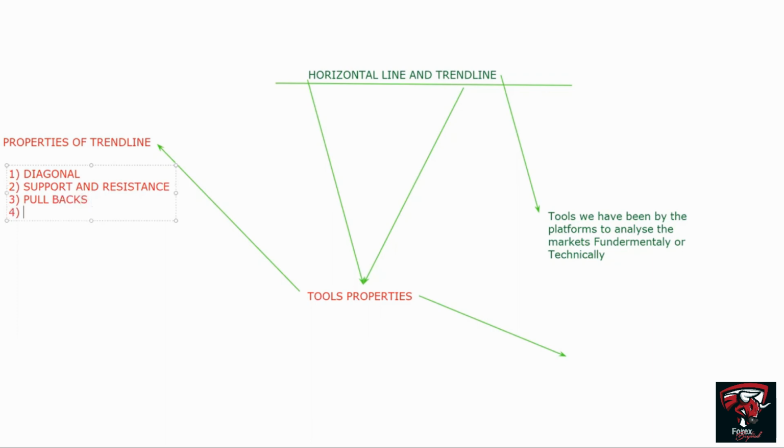It also needs to have touches. It can identify diagonal support and resistance, so it needs to be diagonal. And it identifies your breakouts.